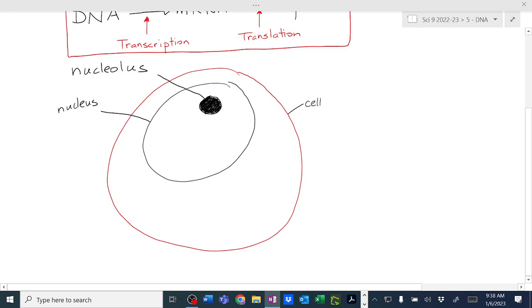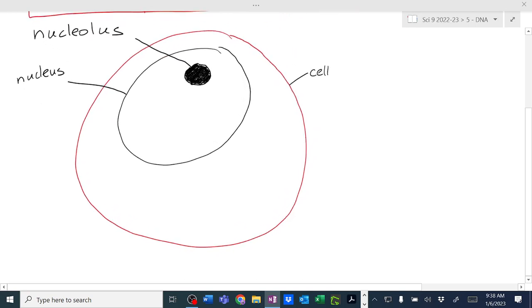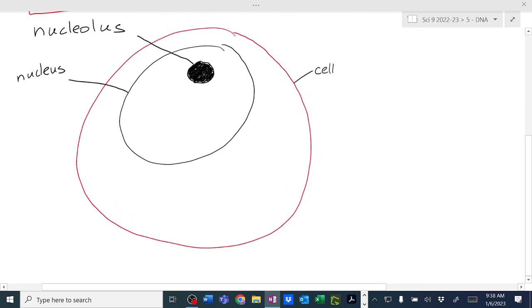And now inside the nucleus, even though in reality we can't see it, we are going to draw a piece of DNA. Take a moment and watch how I do this, because now watch what I'm going to do.